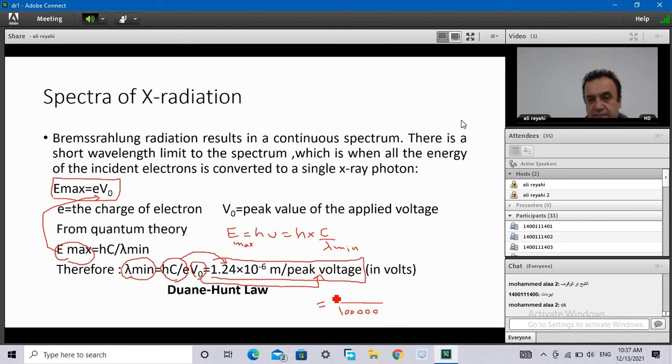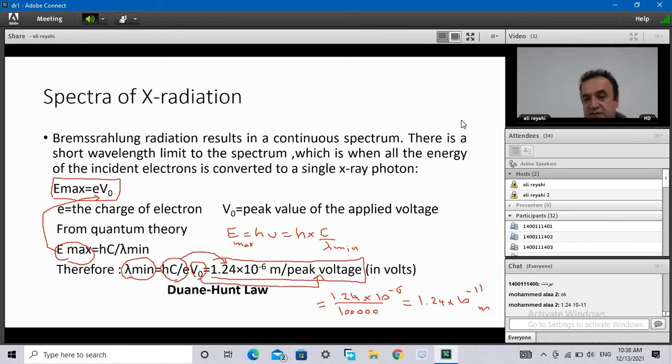You write 1.24 times 10 to the power 9, divided by 10 to the power 5, and finally you get 1.24 times 10 to the power minus 11 meter.